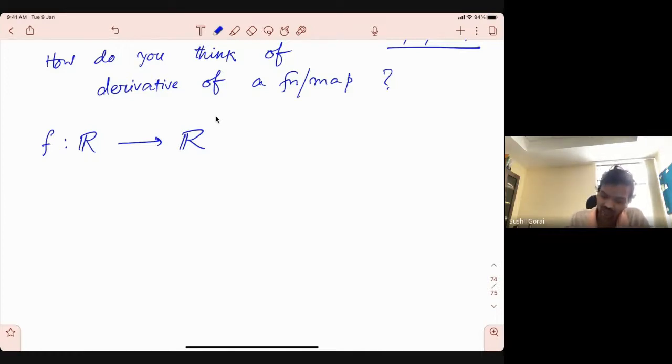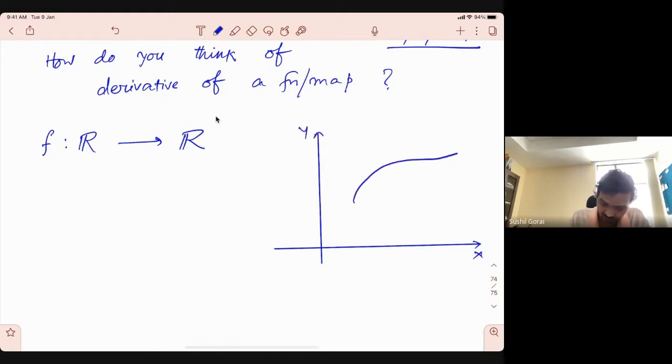And then the way to look at it, as everybody knows, is this. If this is a graph, this is x comma f(x), corresponding to x you have f(x).